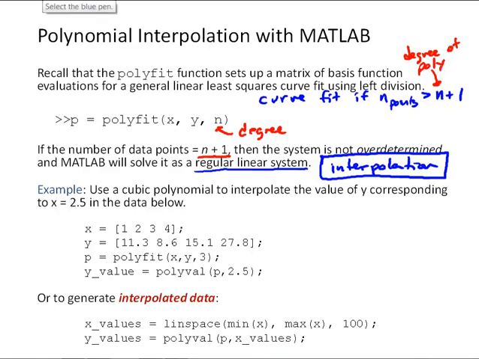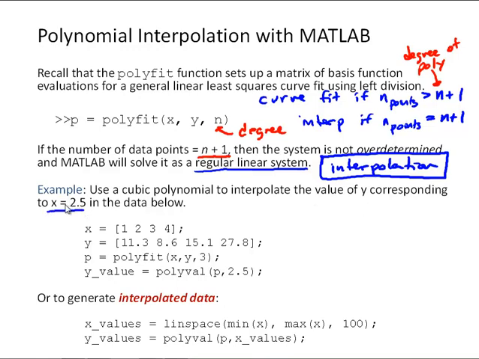It's going to be interpolation if our number of points is equal to 1 more than the degree of the polynomial. If the number of points is less than that, then the system is underdetermined and polyfit will return an error.